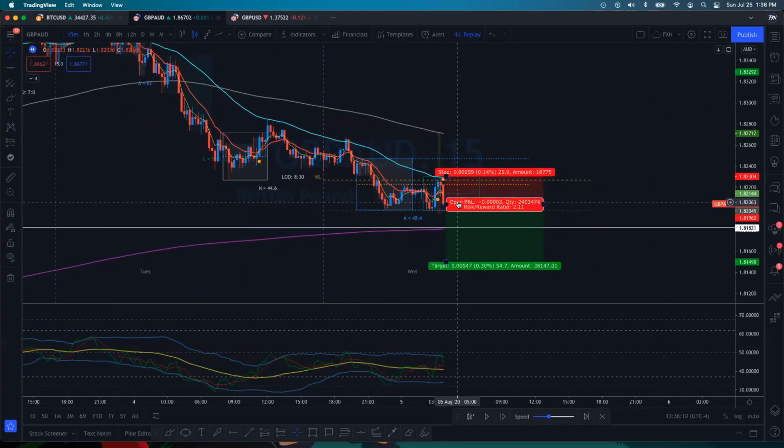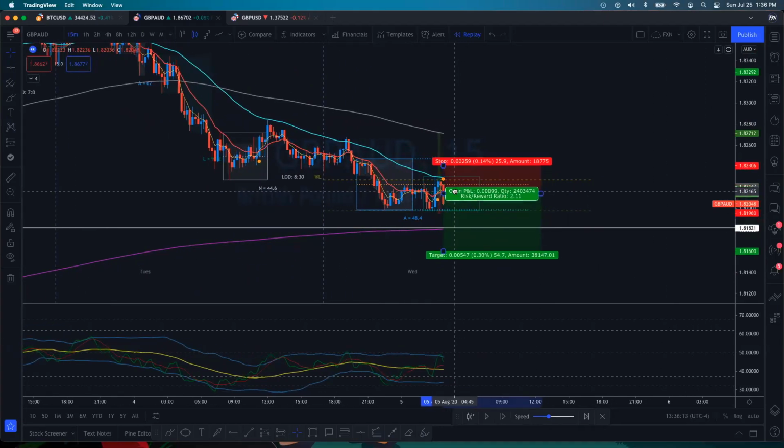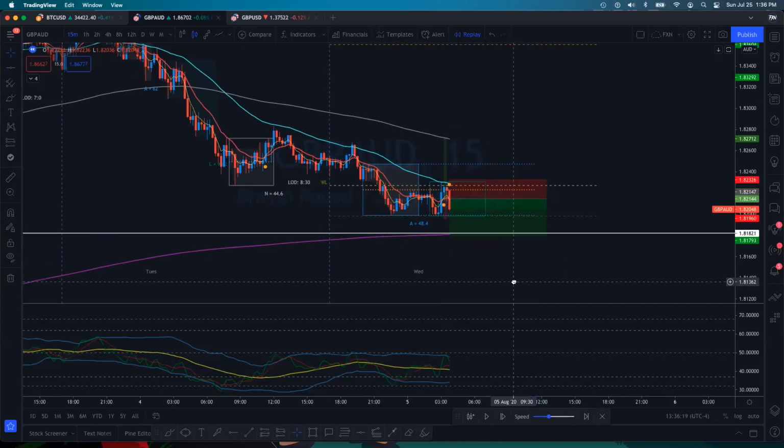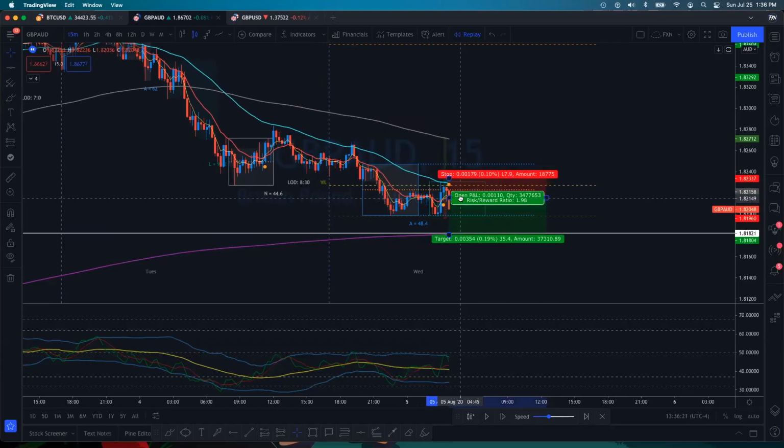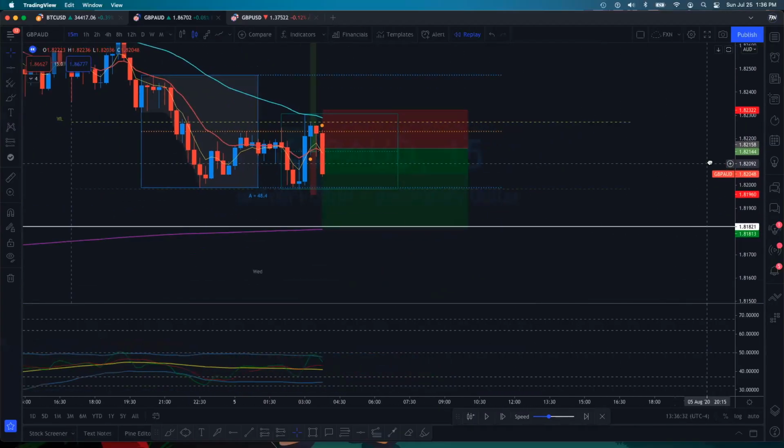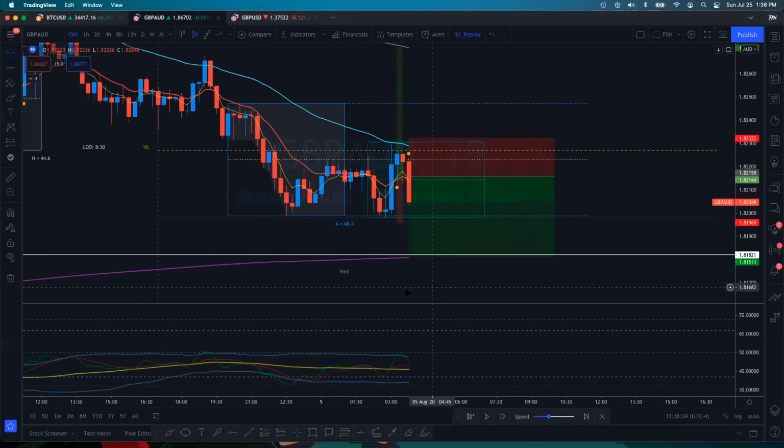The only way that this would make sense to be a type 3 pattern is if we get a pullback, and it's got to be a pretty big one, at least half the candle back, so we can take it to the 800, and it'd be something like that, right? So that would be the only way that trade would be viable and make sense.